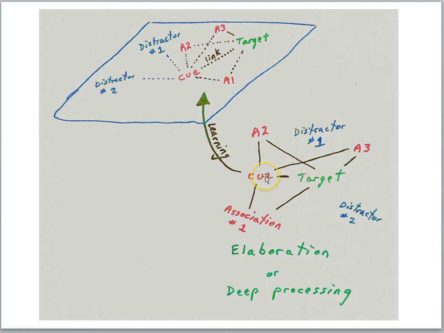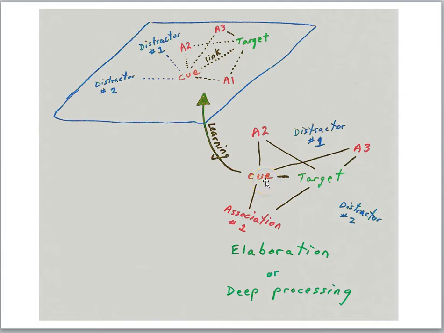Well, if we were just using flashcards with cue and target, we would try to establish just that single link. But with a concept map, what's happening in the brain is that we've got a web of relationships in the brain that captures the web of relationships on our concept map.